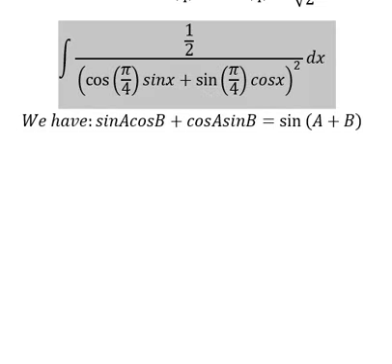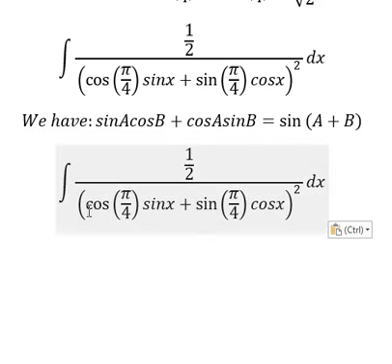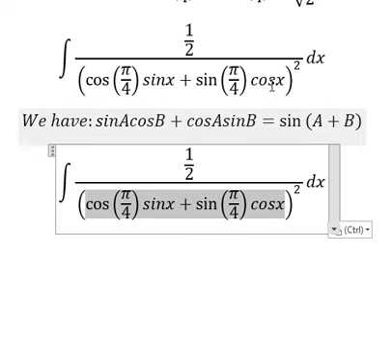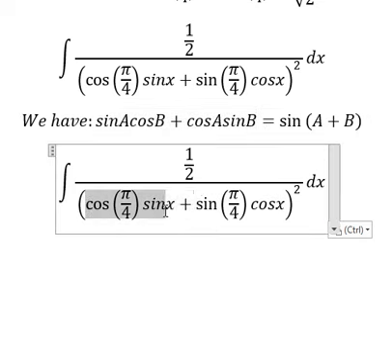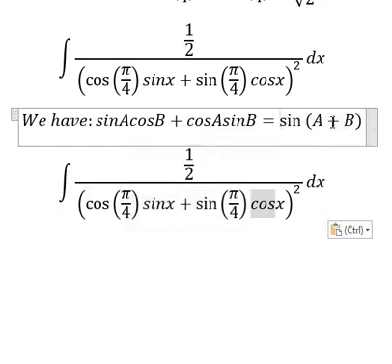So this one, that is about this one. Now we need to transform this one into this one.